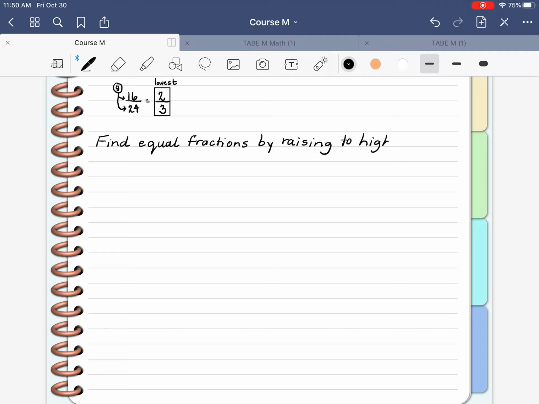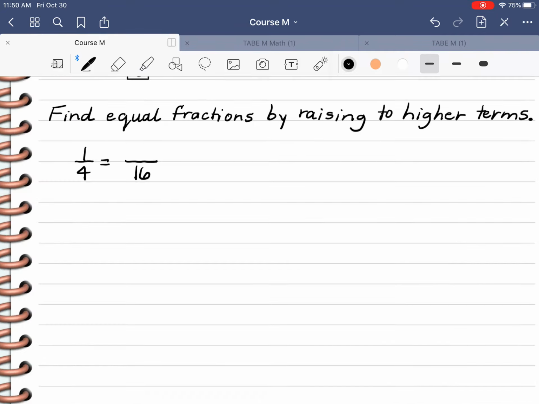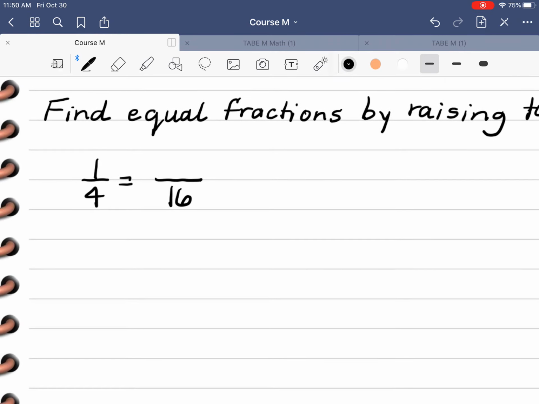So you always have to remember breaking down and building up. Those concepts are so very important. So let's suppose that I have the lowest terms 1/4 and I need to raise that to 16ths. I need to build it up to 16ths.